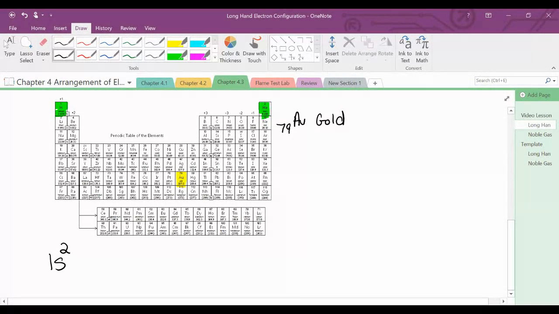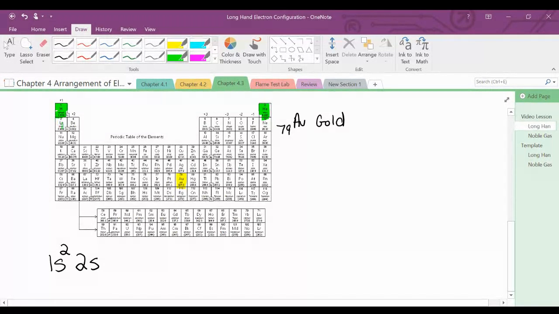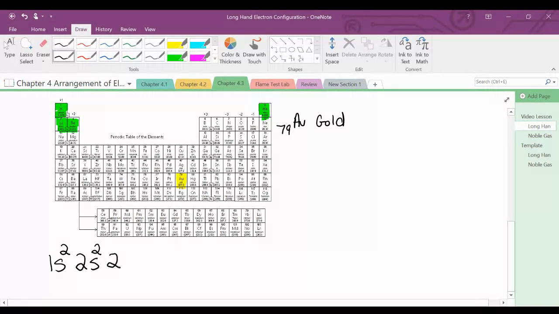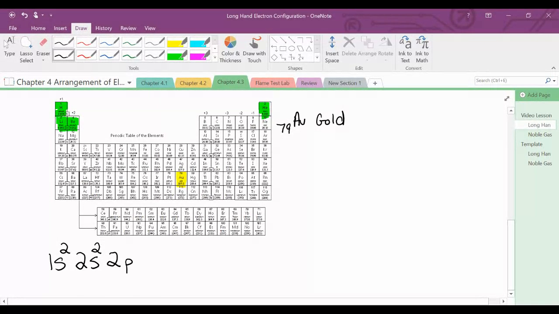We move down to the second energy level, which is still the S sublevel, 2s. So 2s, 1, 2. We're going to move over to the 2p, the second energy level, P block.